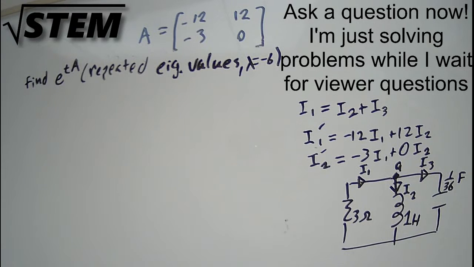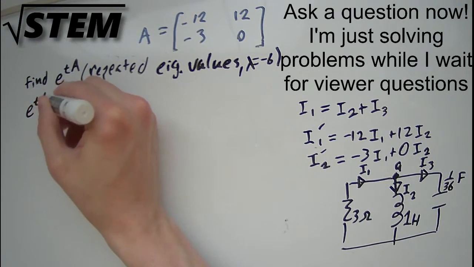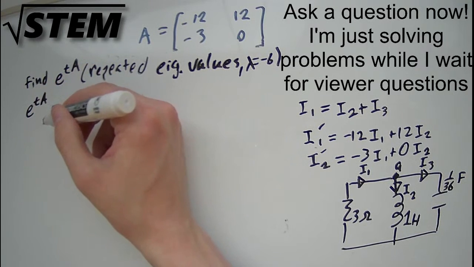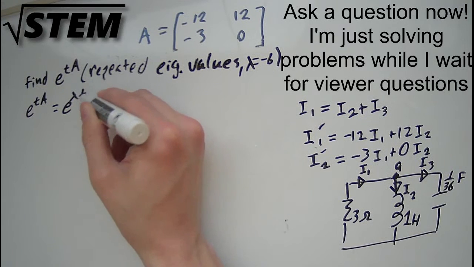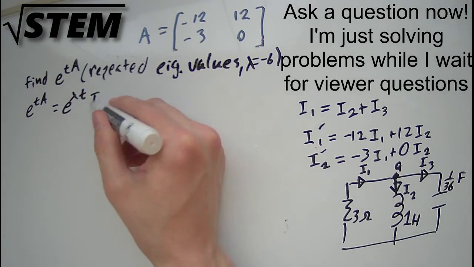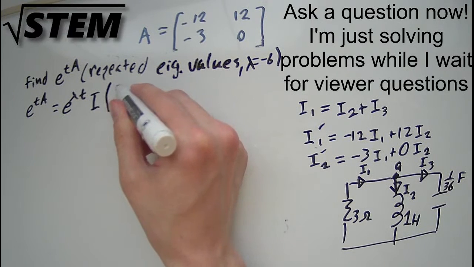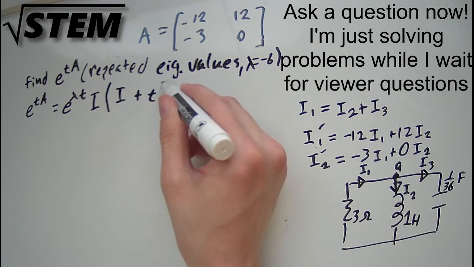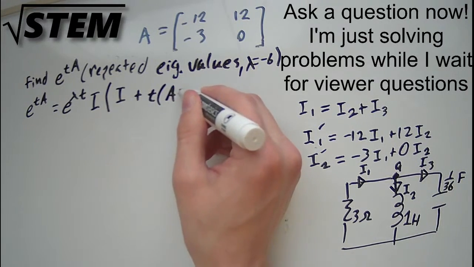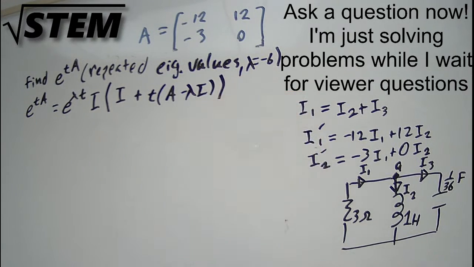So for repeated eigenvalues, we have e to the tA is equal to e to the lambda t times the quantity I plus t times another quantity, A minus lambda I. Yes, that's it.